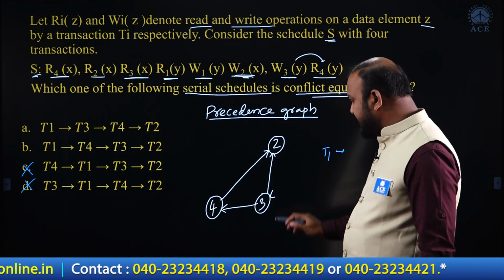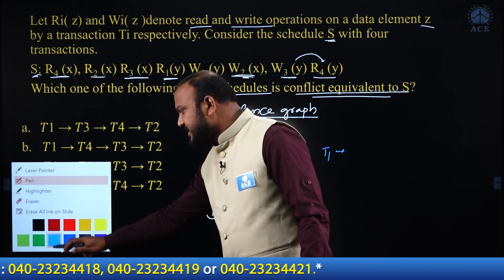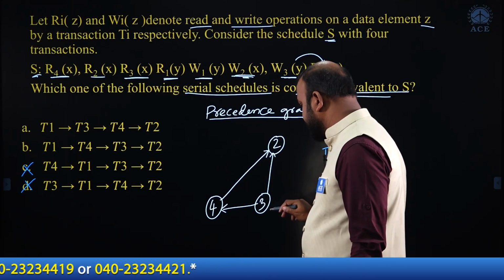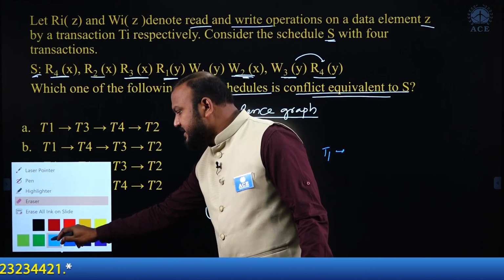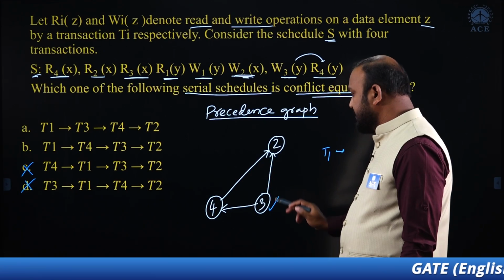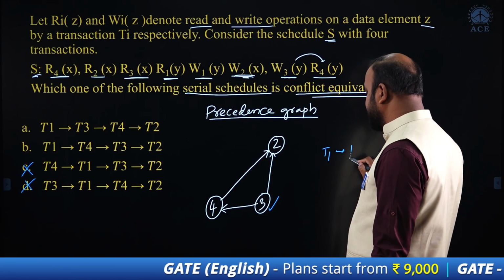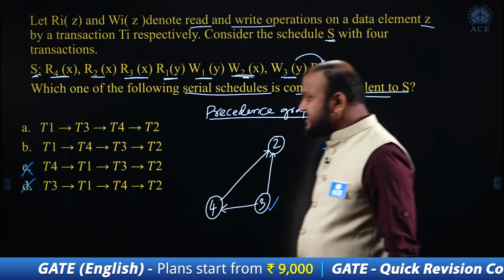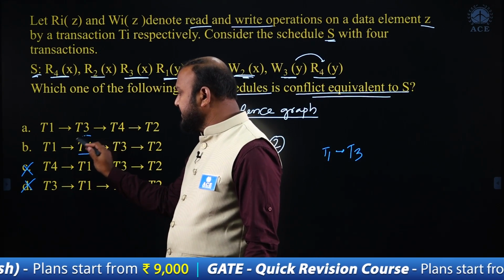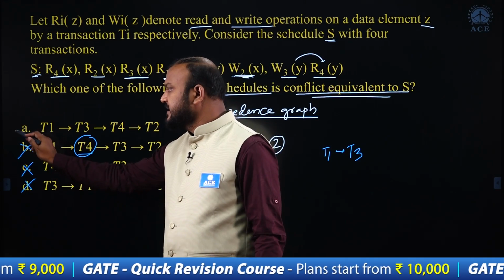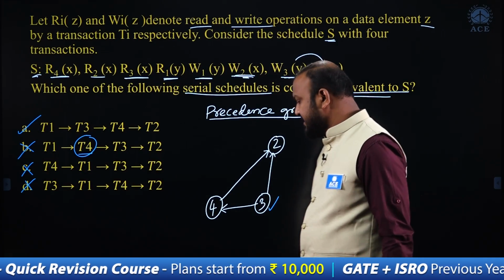Now 3 has in-degree 0. What is the in-degree for 3? 0. In-degree for 2 is 2. In-degree for 4 is 1. So the next vertex will be 3. Because the next vertex will be 3, and here it is given 4, it is not possible, so B is incorrect, and option A is correct. Solution is over.